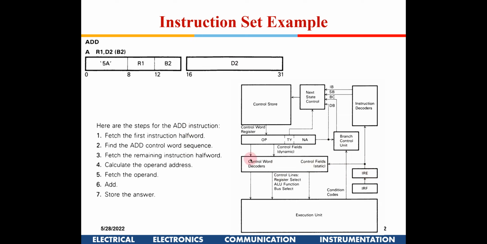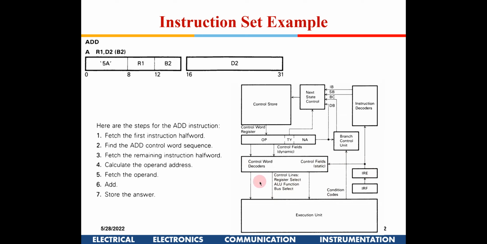So here the control word which comes from the control store just tells the execution unit to add the contents of a particular register with a displacement, only that much. Which register, that comes from the IRE, and what data requires to be added, that also comes from the IRE, okay. I explained this in the last class.